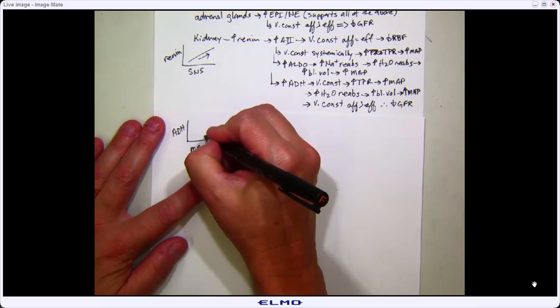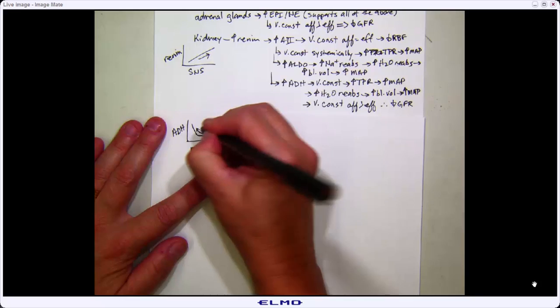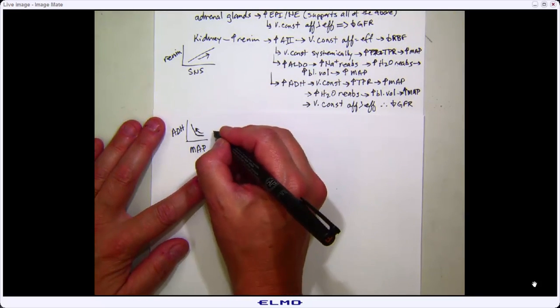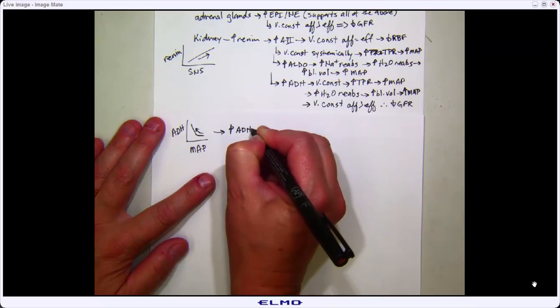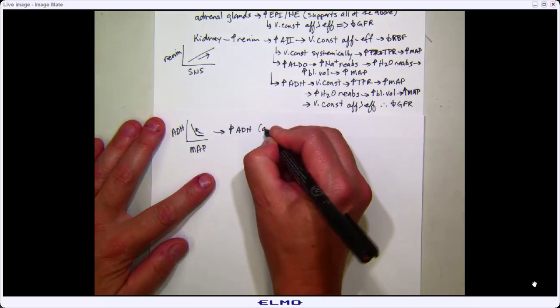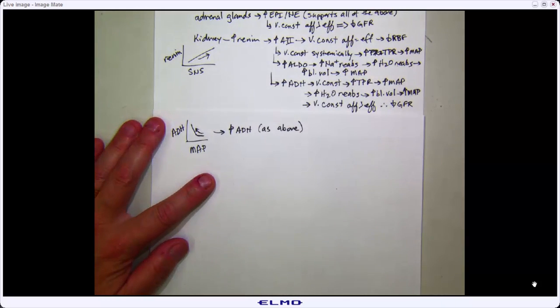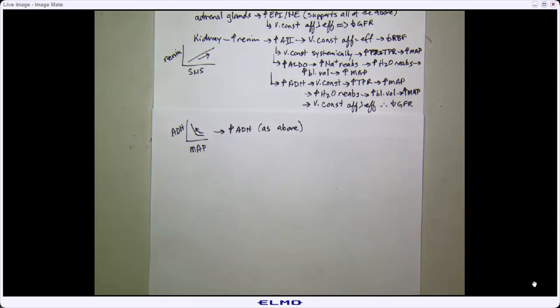And that graph looked something like this. And we dropped our mean arterial pressure, so through that pathway, we should fully expect to see an increase in ADH, right? And that's really just going to do the same as above. Okay, so that's working to support above. So I think that that's pretty good for high pressure baroreceptors now.